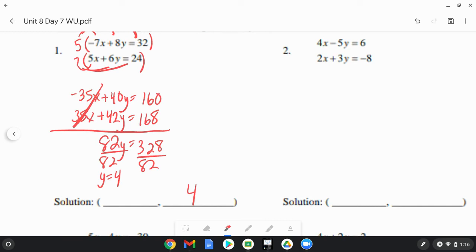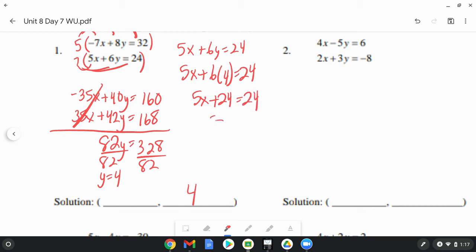And then I have to plug that back into either the top or the bottom. It doesn't matter. I'll choose the bottom. So I have 5x plus 6 times 4 is equal to 24. So it'd be 5x plus 24. We subtract the 24. We get 5x equals 0. So x equals 0. So 0, 4 is your answer for number 1 on the back here.